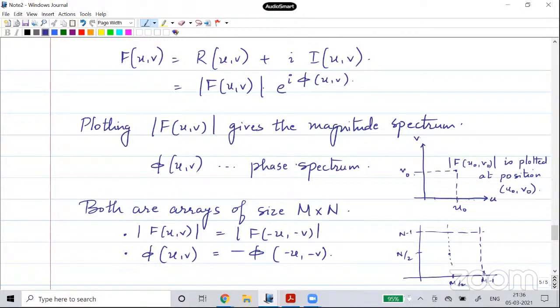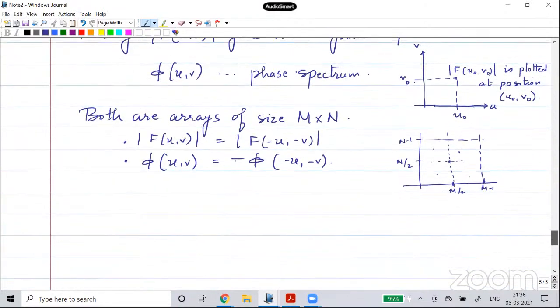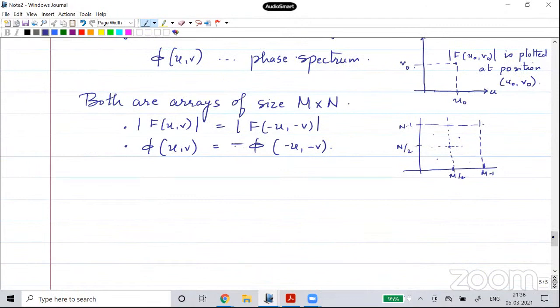The first property gives us a symmetry across this line, and the second property tells us that anything in the first quadrant here will appear here, and anything in the second quadrant will appear here, along with this minus sign, some kind of reflection rotation symmetry.